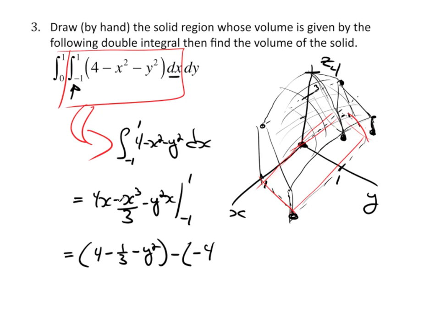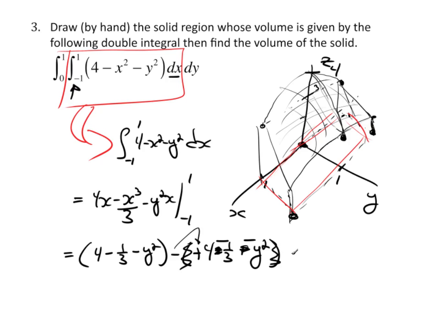The -1 cubed is -1. I have a double negative, so that's going to be plus 1/3. And x is -1. There's a double negative, so it's going to be plus y squared. Now, if I move this negative in, this would be a positive, this would be a negative, and this would be a negative, so I can drop the parentheses.